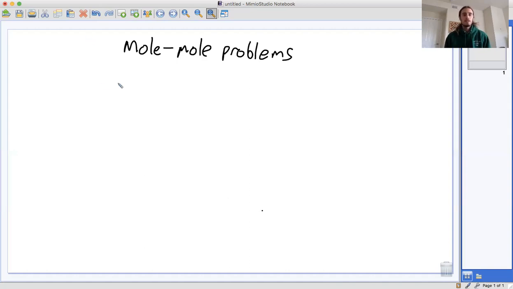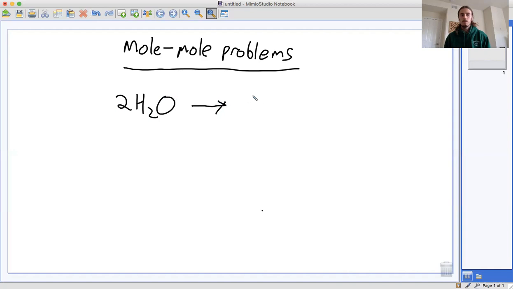All right, so in general, this is a problem where you have a balanced chemical reaction. So, for example, you could split water into hydrogen and oxygen.